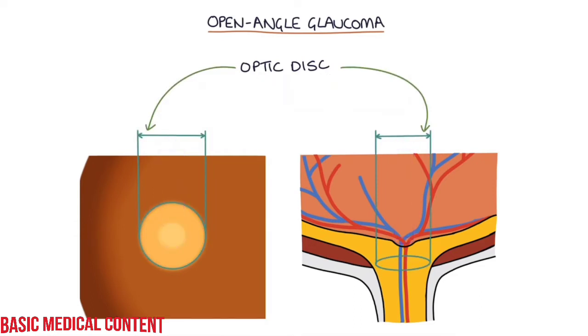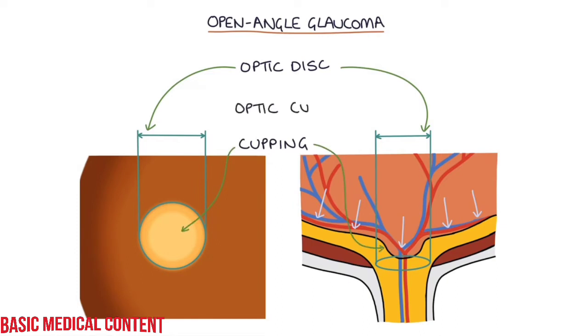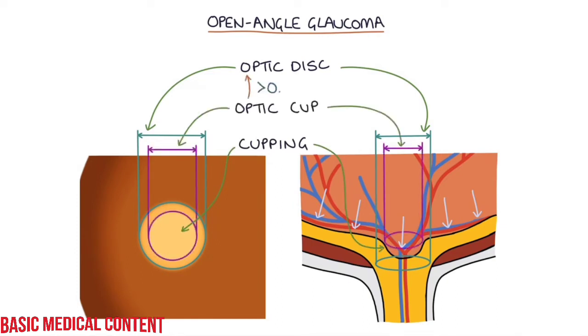And when there's a raised intraocular pressure, this indent becomes larger because the pressure in the eye puts pressure on that indent, making it wider and deeper. And this is called cupping. An optic cup greater than 0.5 the size of the optic disc is abnormal. So if the optic cup is more than half the size of the optic disc, this suggests cupping and could indicate glaucoma.